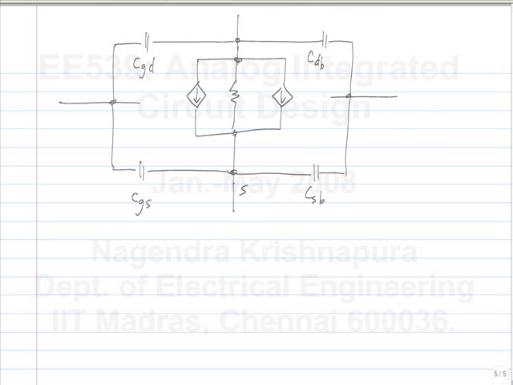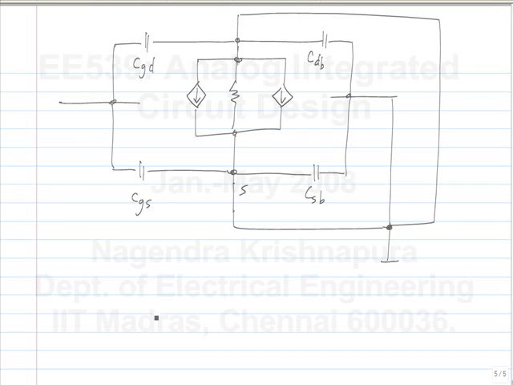This is the source, you short the bulk to the source, and you also short the drain to the source. Okay. And this is grounded, and this is the gate. You apply a current to the gate.